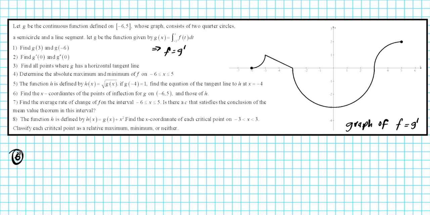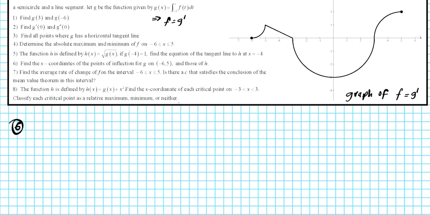Now, before we find the points of inflection, let's go over the different ways to find the points of inflection of a function. So let's go over the rules. Let's call this points of inflection, POI.